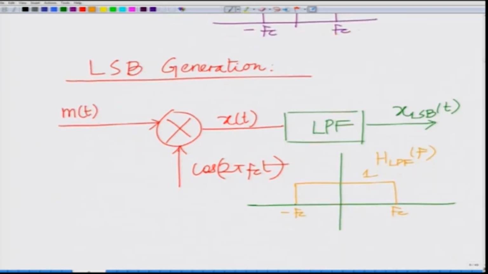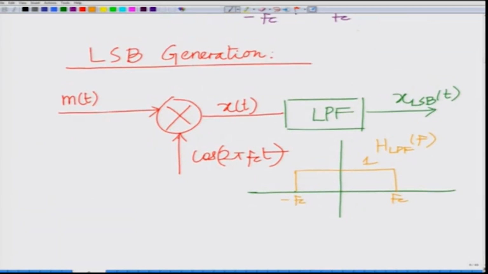The low pass filter is basically an ideal low pass filter, as we have seen, with a sharp cutoff and a gain of unity for all frequencies within the range minus Fc to Fc.